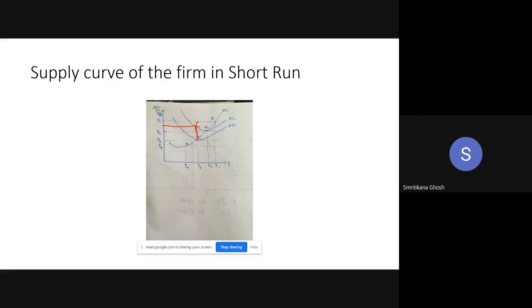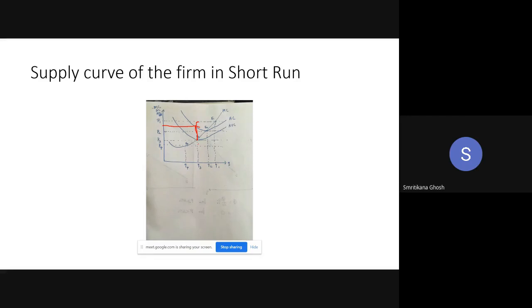Your income is zero, expenditure for the variable factor is zero, so it's over. But what about the fixed factor? You have to spend the fixed cost. Once you are in production, you can cover a part of your fixed cost. So it's better to stay in production, otherwise your total loss will be the total fixed cost. This is how you have to explain why a firm with loss is producing in the short run, definitely in the short run.